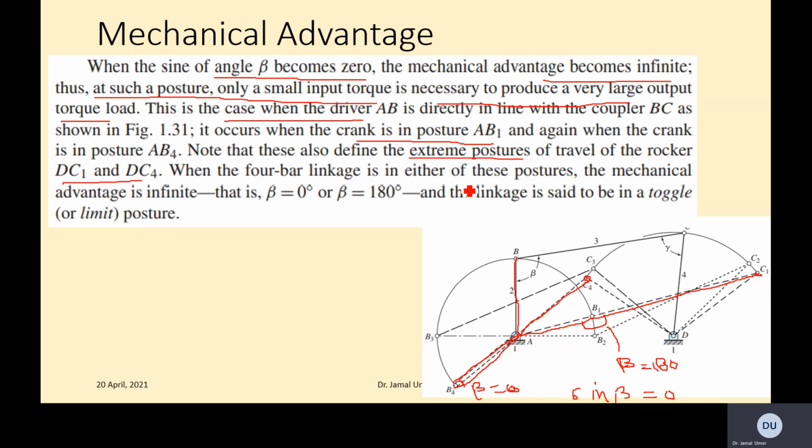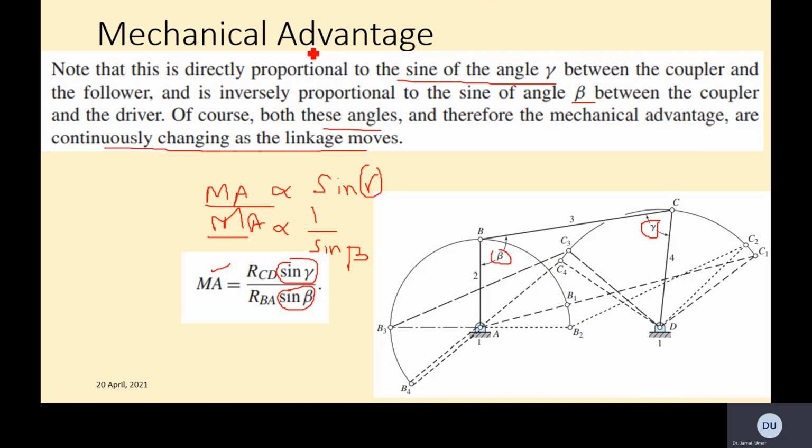When the four-bar linkage is in either of these postures, the mechanical advantage is infinite. That is, when beta is 0 or beta is 180, the linkage is said to be in a toggle posture. Toggle means it is at its extreme limits. In either of these positions, it is in the toggle posture, on the limits, and by using this formula we will have infinite mechanical advantage.